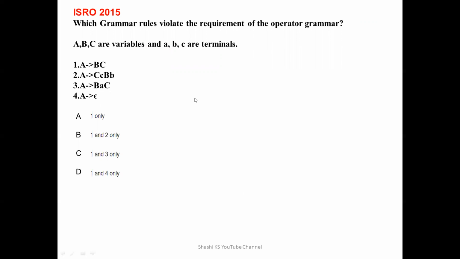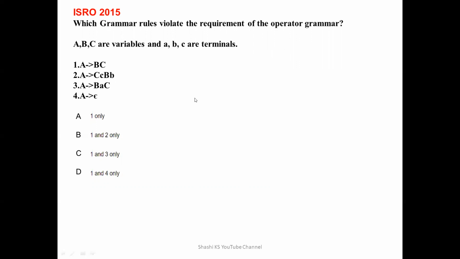Now operator grammar is used to define mathematical operations, wherein you will have an operator and you will have terminals to the left and right side of the operator. That means in an operator grammar, there can be no two adjacent non-terminals on the RHS of the production, and we cannot have epsilon productions.